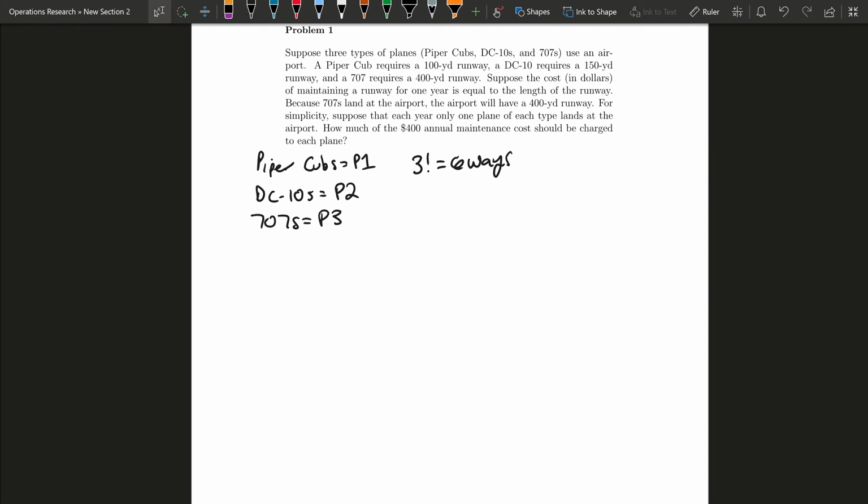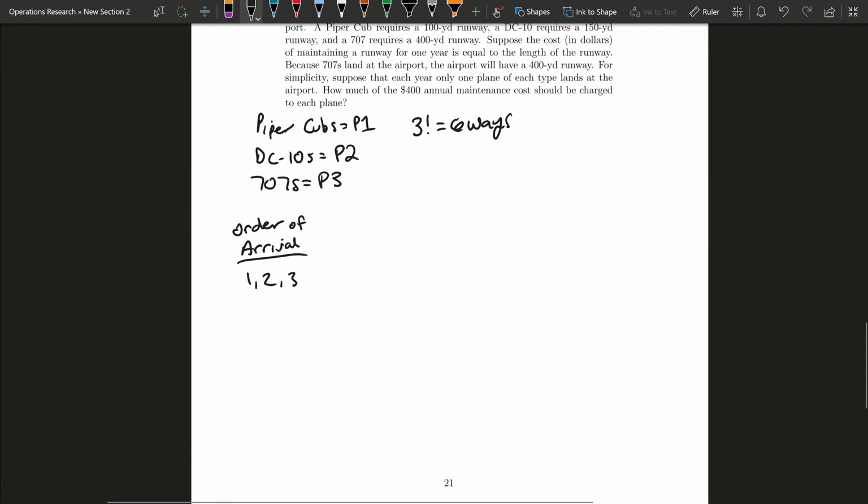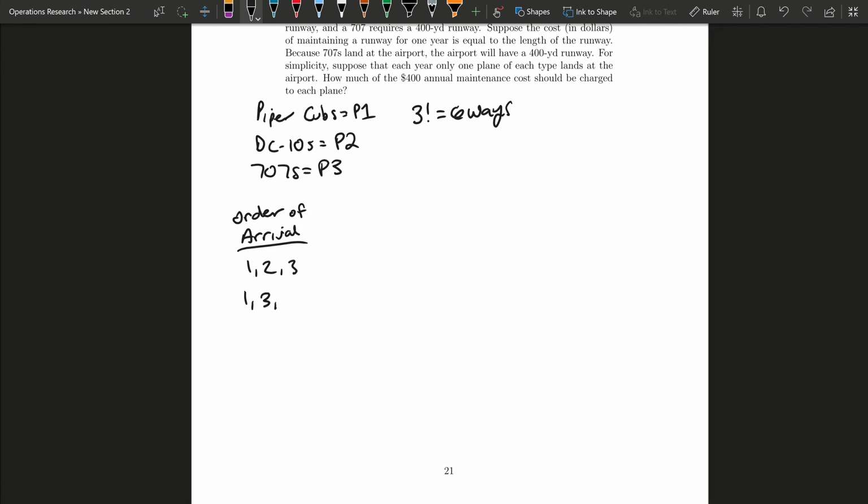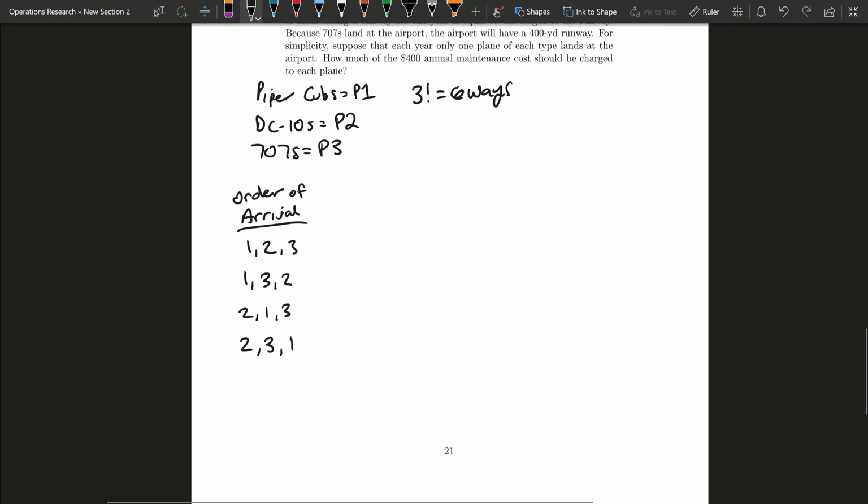And I'm going to just make that same table we had in that first example. Order of arrival. So we can go 1, 2, 3, 1, 3, 2, 2, 1, 3, 2, 3, 1, 3, 1, 2, or 3, 2, 1.